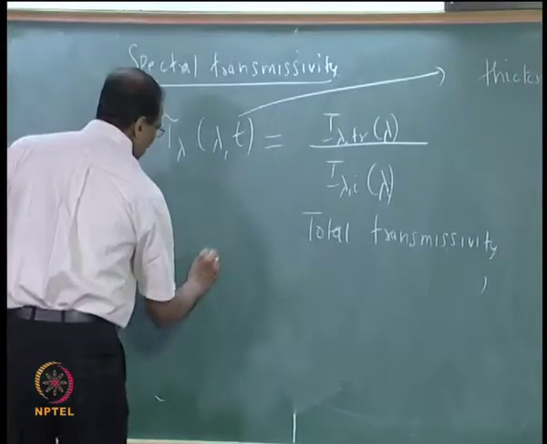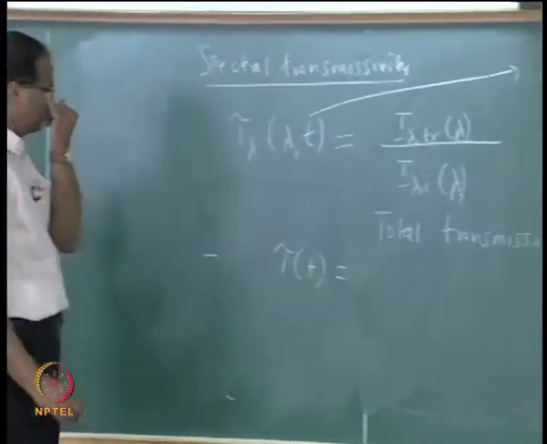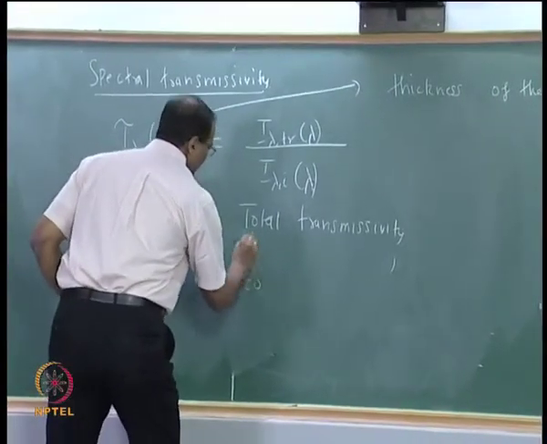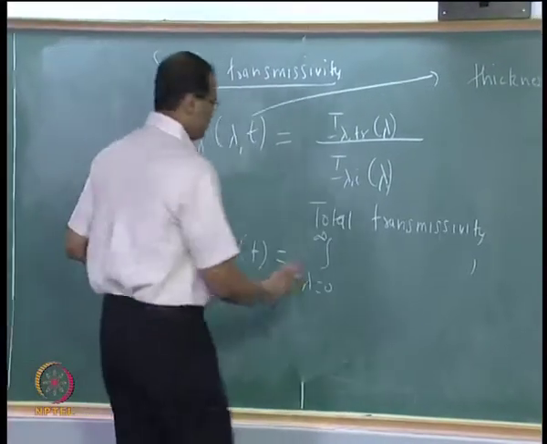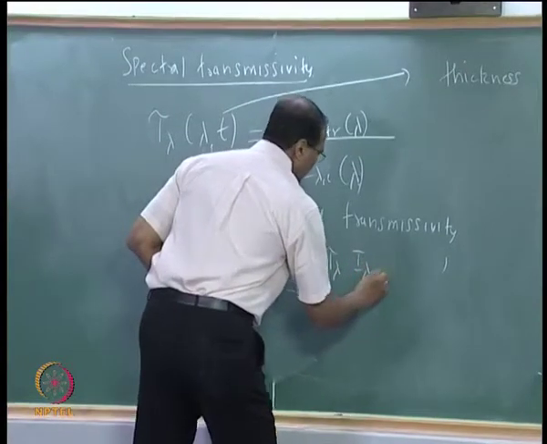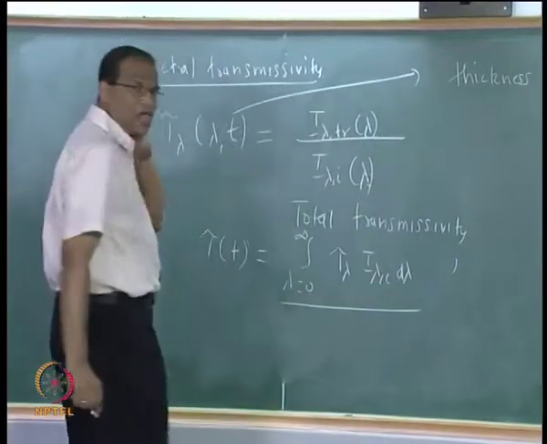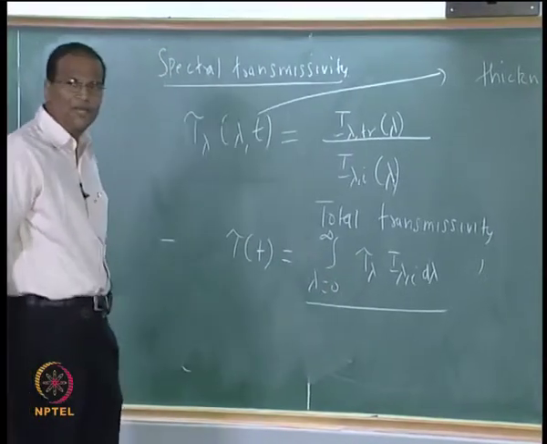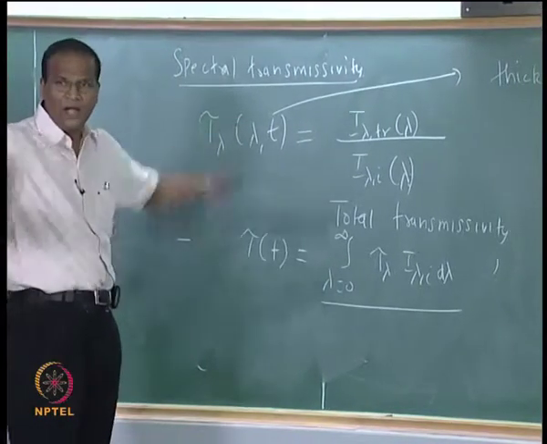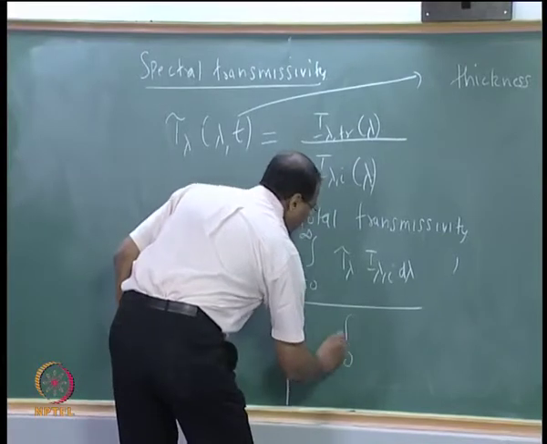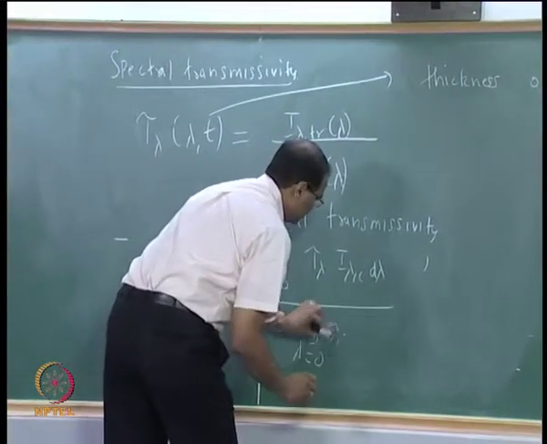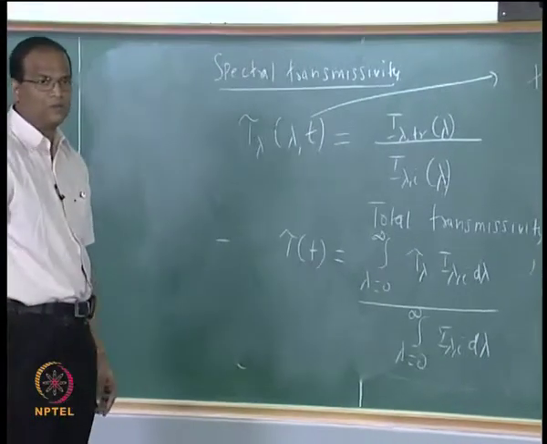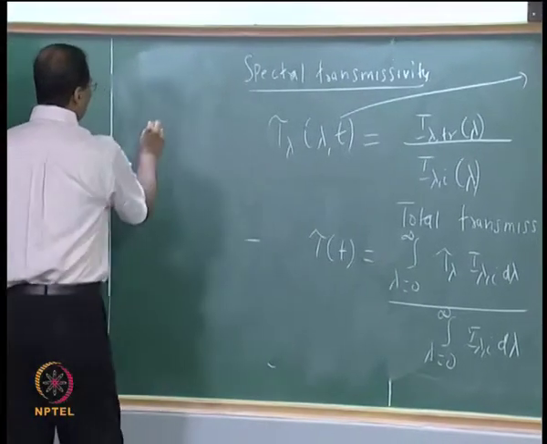Tau equals the integral of tau lambda times I lambda incident d lambda, divided by the integral from lambda equal to 0 to infinity of I lambda incident d lambda. Very good.